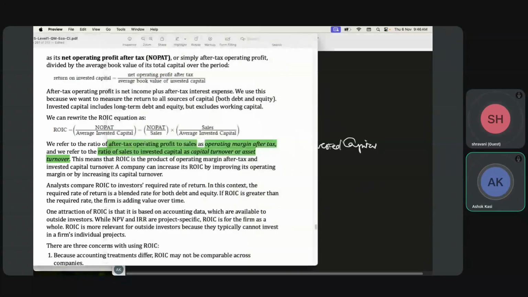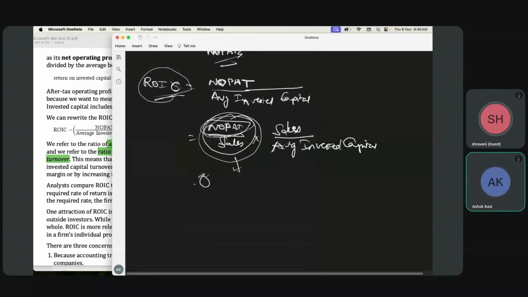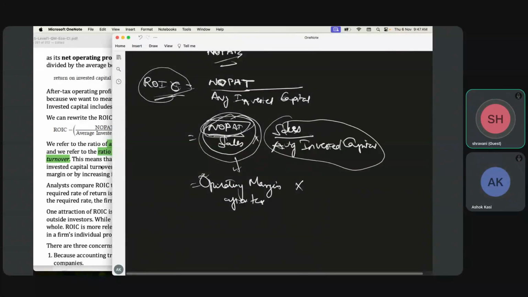This is called operating margin after tax, into capital turnover ratio or asset turnover.